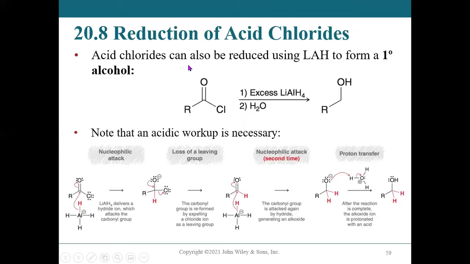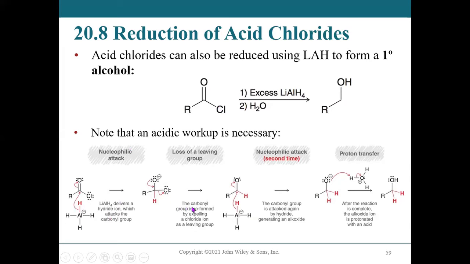Acid chlorides can also be reduced using LiAlH4 to form a primary alcohol. Here's one example using excess lithium aluminum hydride to get this primary alcohol. Note that acidic workup is necessary because we cannot put them together. So here is the mechanism, nucleophilic attack from the hydride.